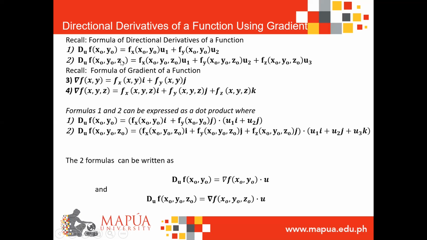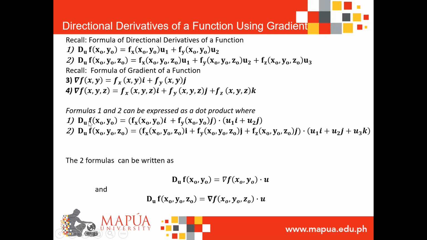Formulas 1 and 2 here, which are referred to as the directional derivative formulas, can be expressed as a dot product. The first formula involves a function of 2 variables.